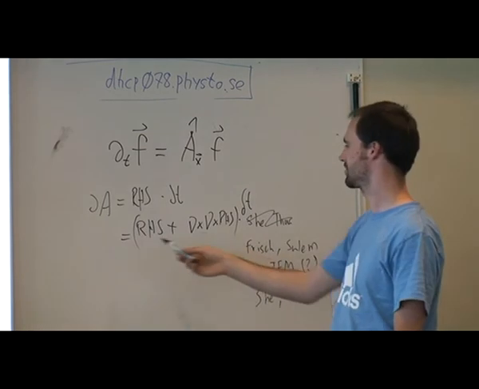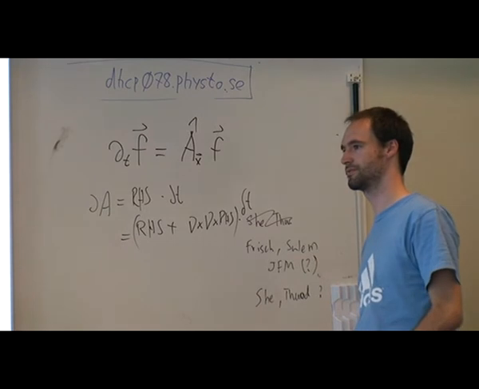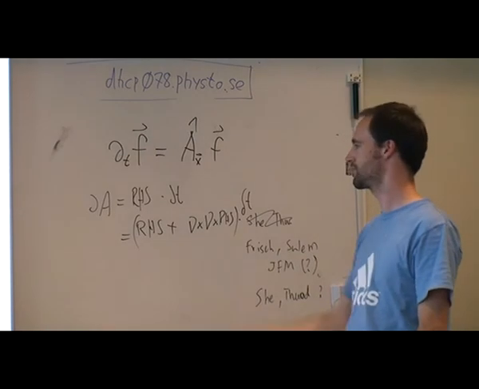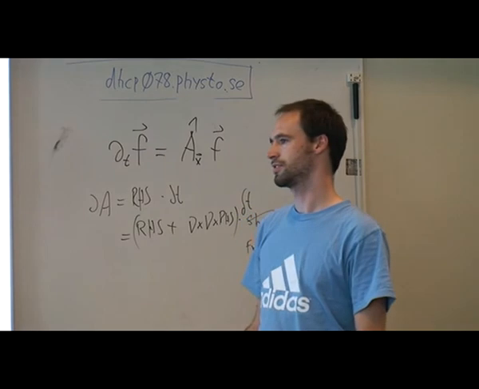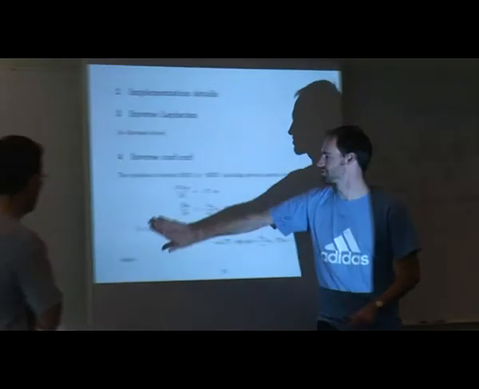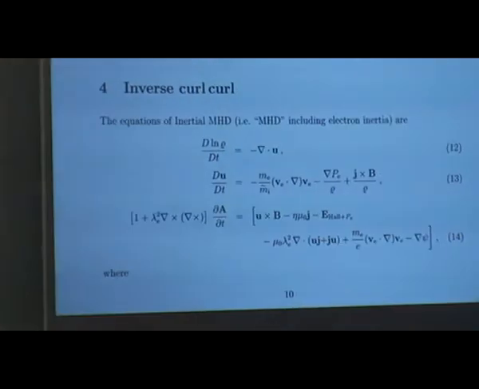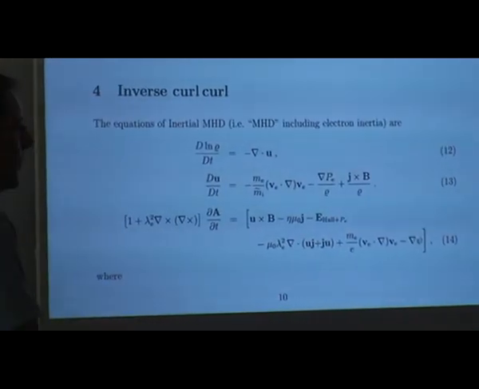But this is not something like this explicit-implicit stuff. You're applying the curl to the right-hand side instead of the left-hand side? First calculate this one, it should be something like this one, dA dt. And then you calculate the correction term, something like this.